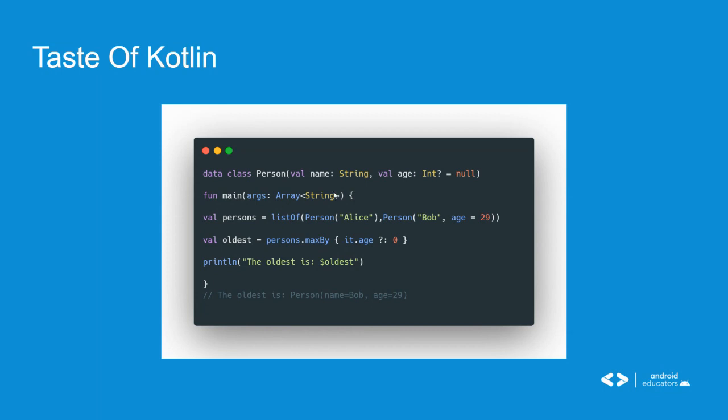So Array is also a class here. Array is like a collection. So this is how you declare your parameter: the name, colon, and what type that parameter is. And now open braces and close braces. This is what your function looks like.